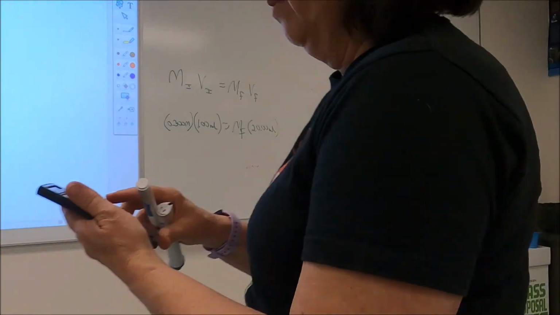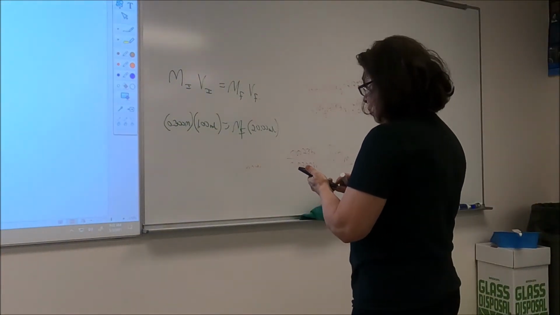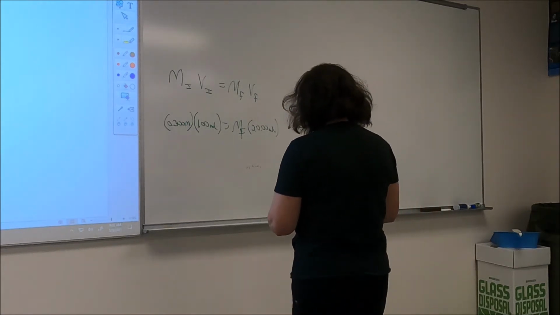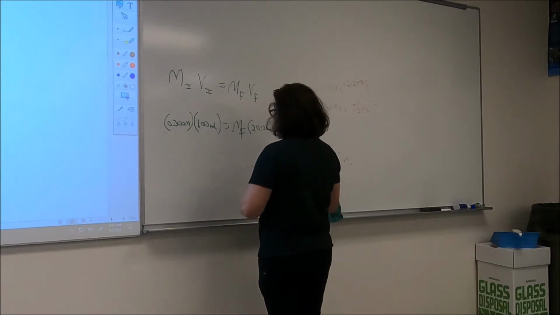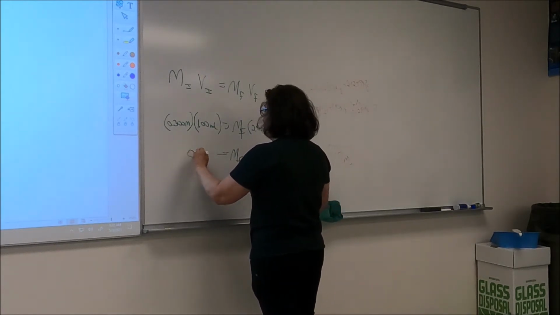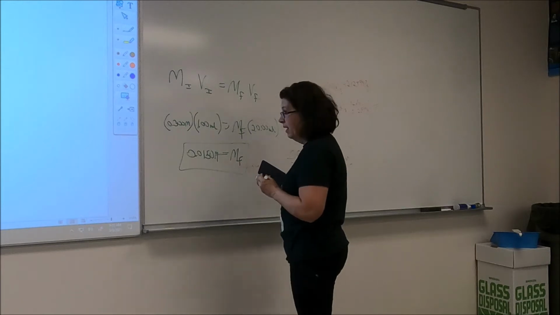So 0.3 times 1 divided by 20 says that my new molarity is 0.0150 molar. Okay?